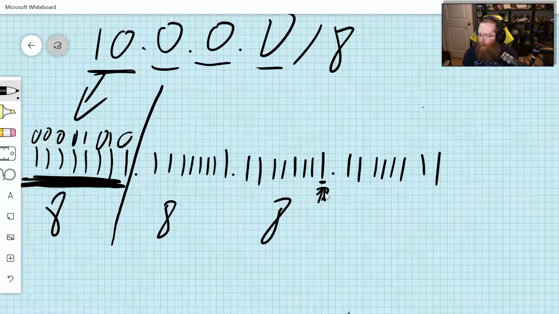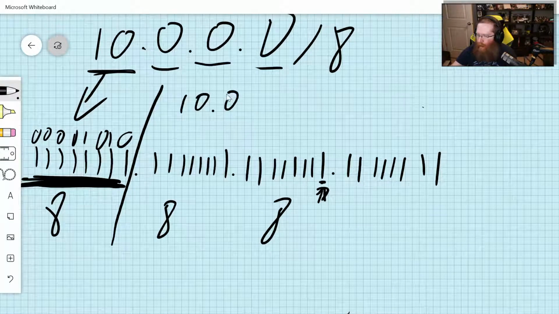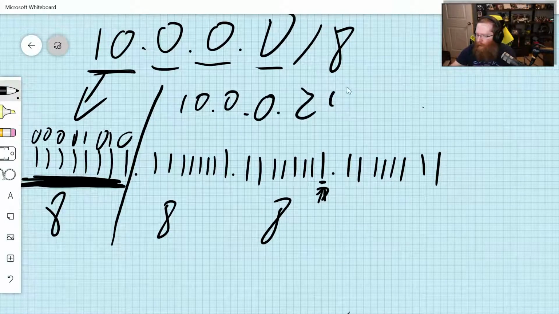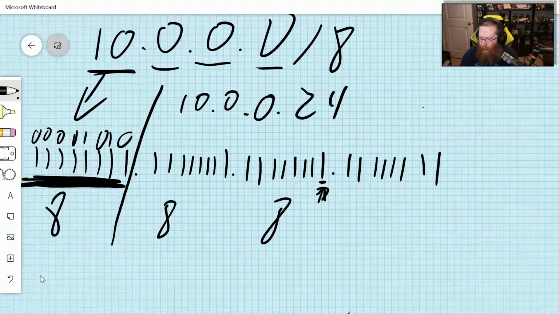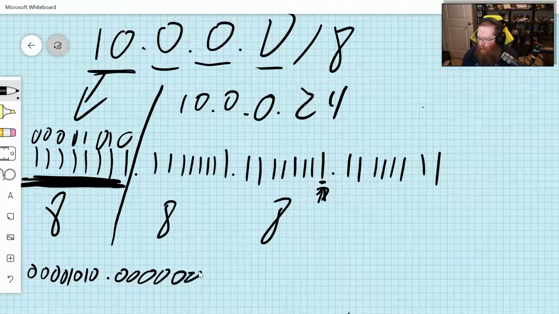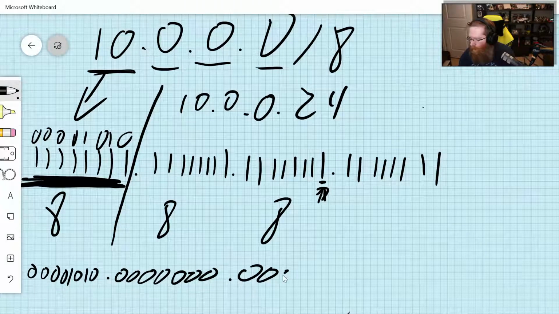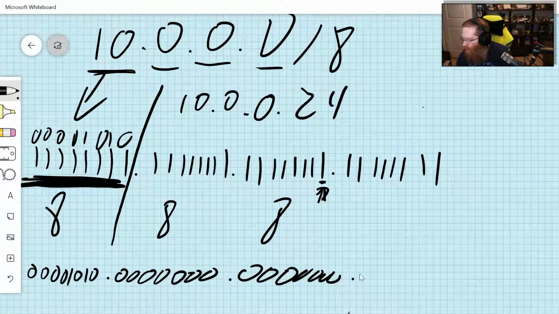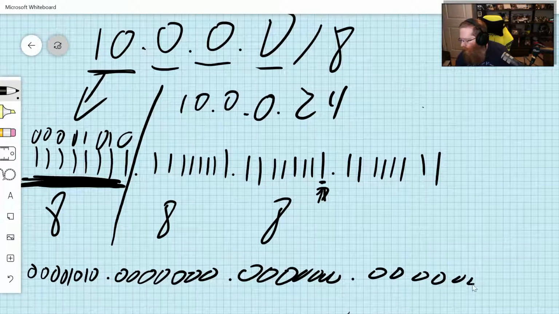Okay? So if I were to create a 10.0.0.0/24 network, this would actually read as 00001010.00000000.00000000. 1, 2, 3, 4, 5, 6, 7, 8.